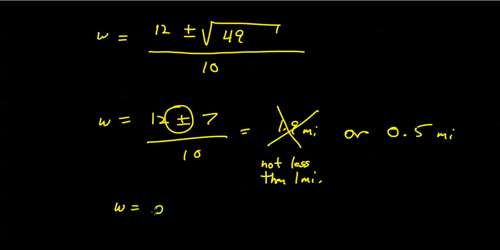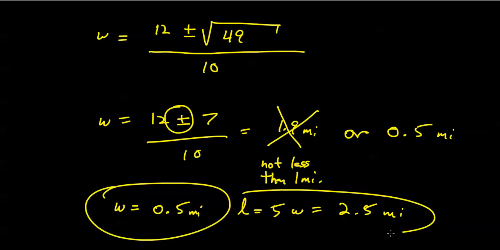So my width is going to be 1/2 mile, and the length is 5 times the width, which of course is going to be 2.5 in miles. Right? So the width is 1/2 mile, the length is 2.5 miles.